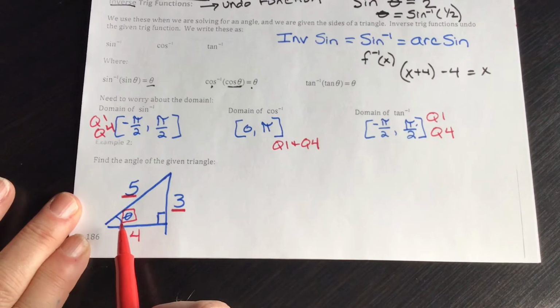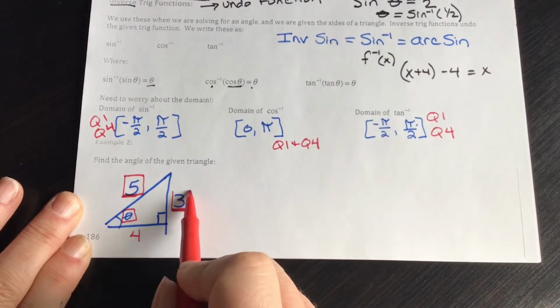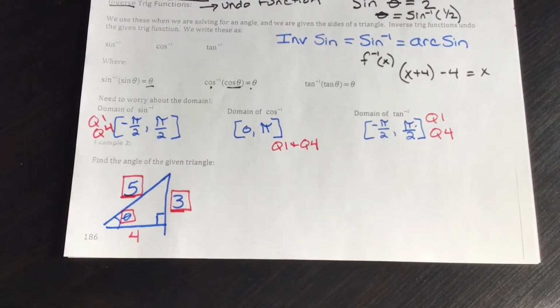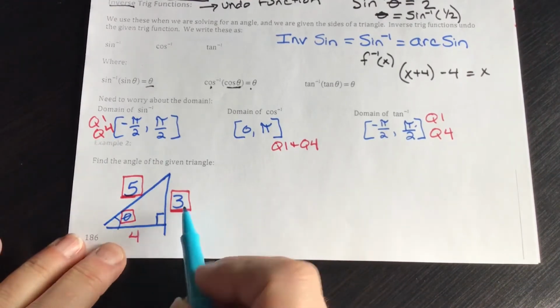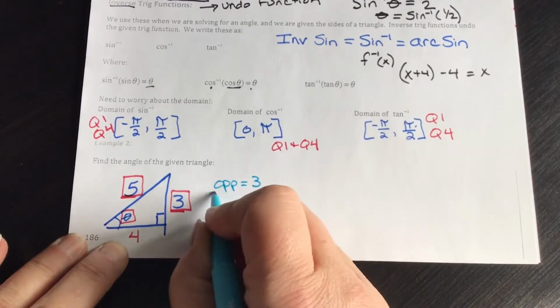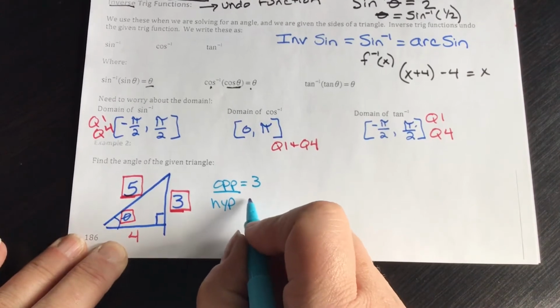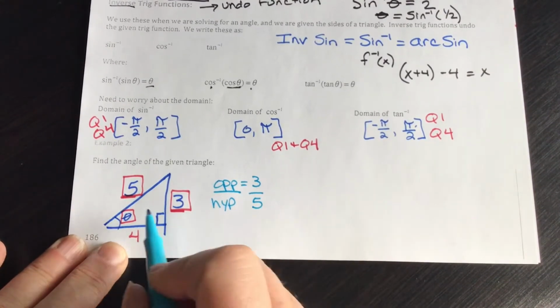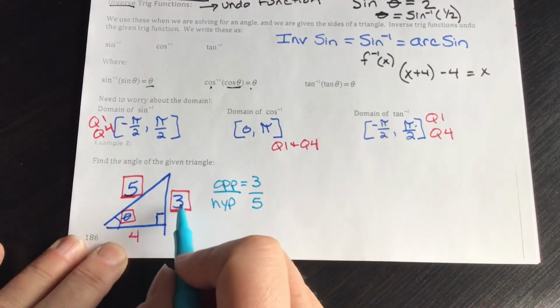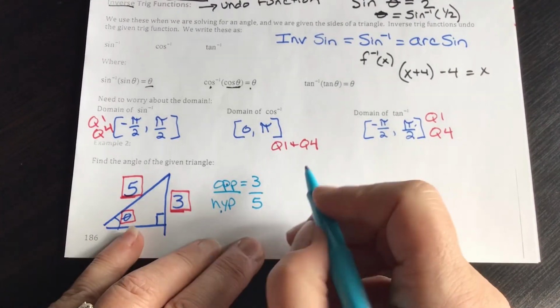So what I need to do is look for a trig function that involves the information that was given. In this case, the side opposite of that angle was 3, and the side that is the hypotenuse is 5. So the trig function that involves opposite and hypotenuse is sine.